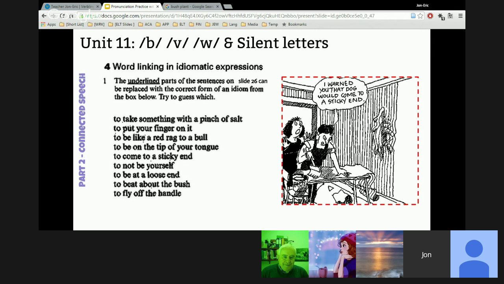That metaphor is exactly the same as fly off the handle, only the thing you're dropping is your self-control. In other words, you get angry fast if you fly off the handle. A person who has no self-control flies off the handle.